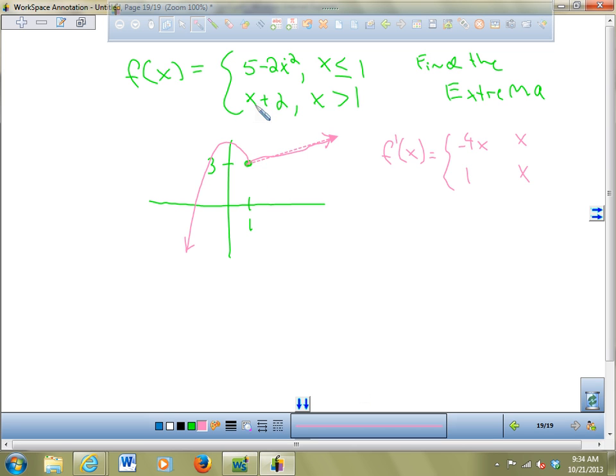Because that's the derivative of this and of this. So where is the slope of this line? Where is f prime of x undefined?